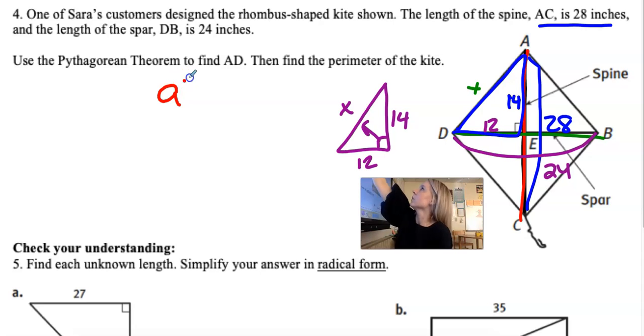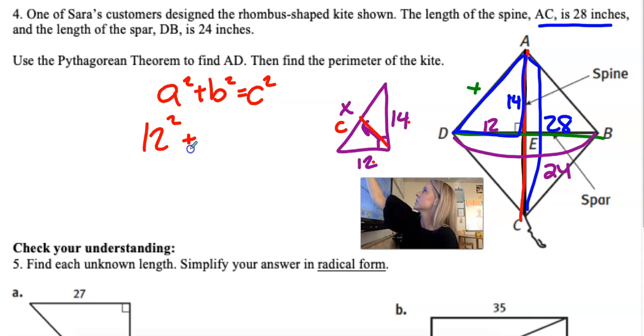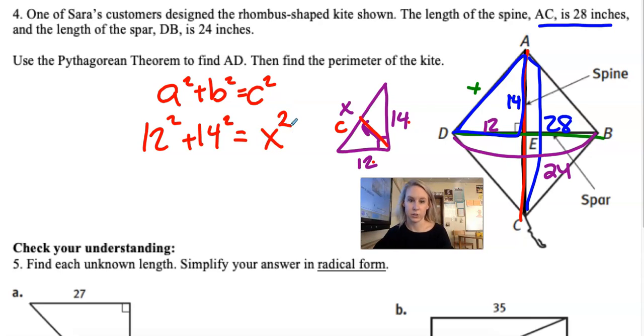So a squared plus b squared equals c squared. Your c is always across from the right angle, the hypotenuse. So in this case, I'm looking for my c. It does not matter what you put for a and b for your legs. So I'm going to say 12 goes first, plus 14 squared, and then I'm looking for my c squared, which is my x squared. Okay? I'm going to type this all in the calculator.